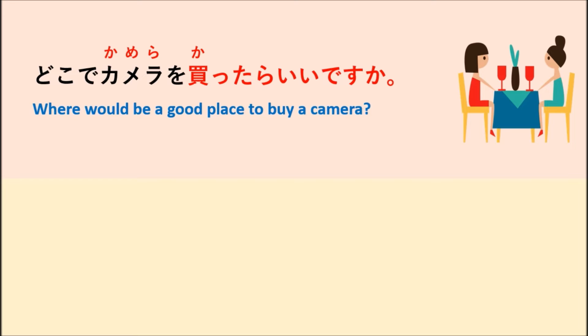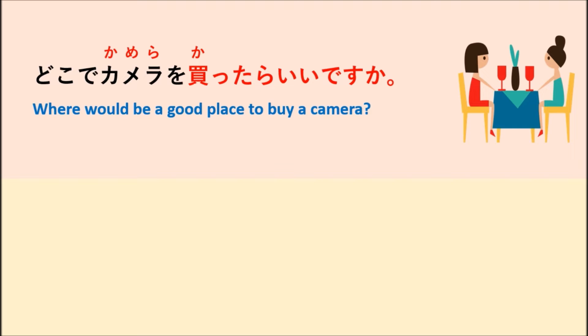In the example, we have the sentence Doko de kamera o kattara ii desu ka? Which means, where would be a good place to buy a camera? When you use tara ii desu ka, it means you are asking somebody to advise you about something.